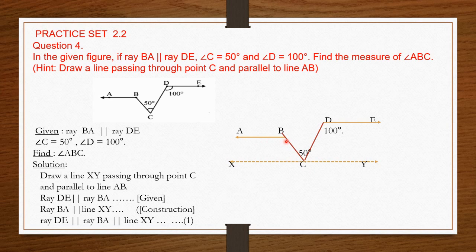First write ray DE parallel to ray BA, that is given in the question, and ray BA parallel to the line XY, that is by construction. Therefore, ray DE parallel to ray BA parallel to the line XY, that is equation number 1.